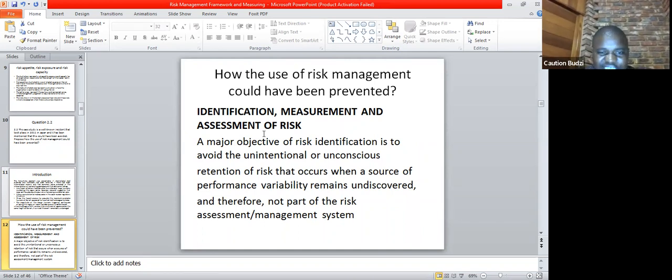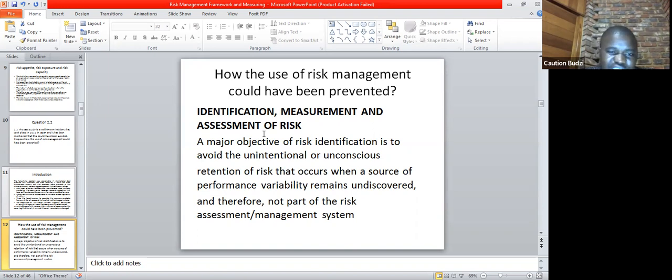So there's risk identification, measurement, and assessment of risk. The major objective of identification is to avoid the unintentional or unconscious retention of risk that occurs when the source of performance variability remains undiscovered, and therefore not part of the risk assessment or management system.